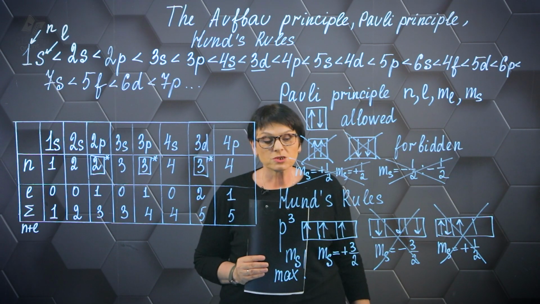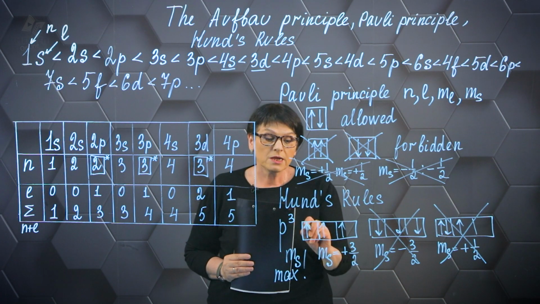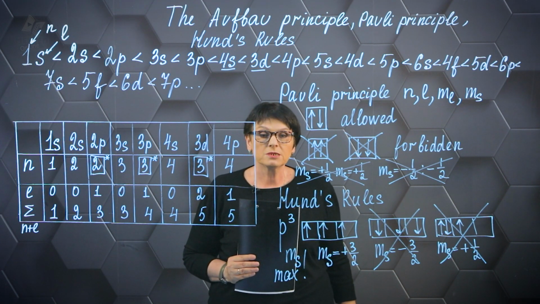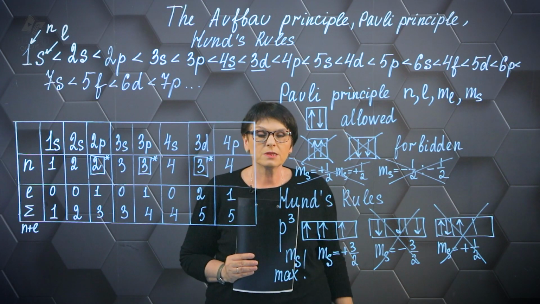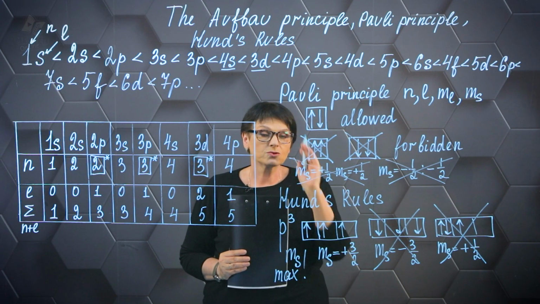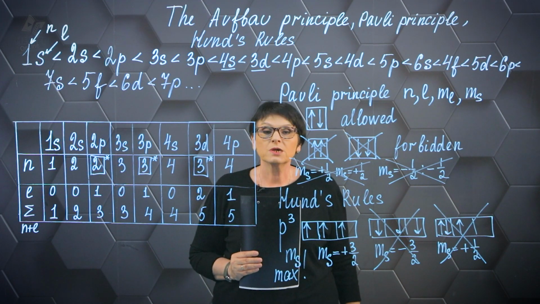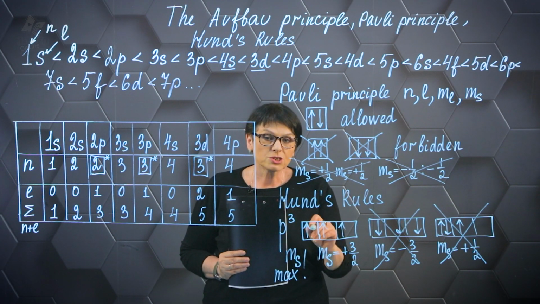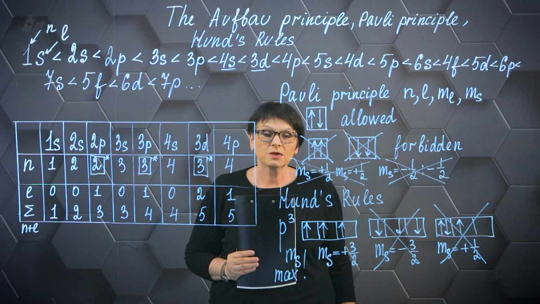And I also call your attention to the fact that when you distribute the electrons in the cells, the first arrow must be strictly upward, because the spin number of the upward arrow would be plus 1 second. It is the maximum value in this case, and the first arrow cannot be downward, because the spin number would be minus 1 second, which is the smallest value. Hence, it is forbidden.